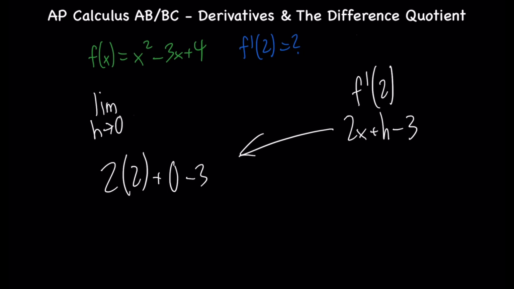For our difference equation here, we're evaluating f prime of x when h is approaching 0. So h has to equal 0 in this problem here.